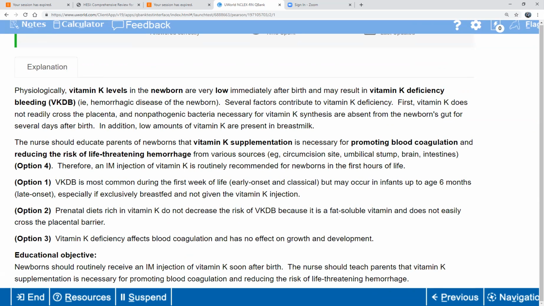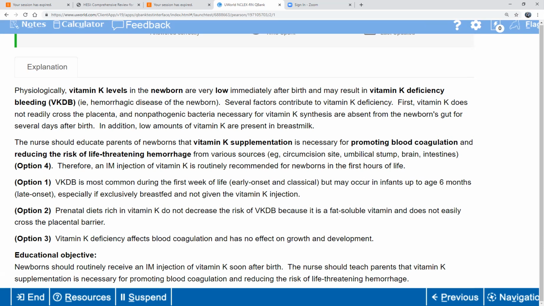All right, so the levels are low in the newborn. And that's why we have to give it right away. And that's going to help promote that blood coagulation. As you see right here, you got these things in bold. You got about 4 things right there that you want to know about vitamin K. So vitamin K will be important to you too when you talk about Coumadin, right?